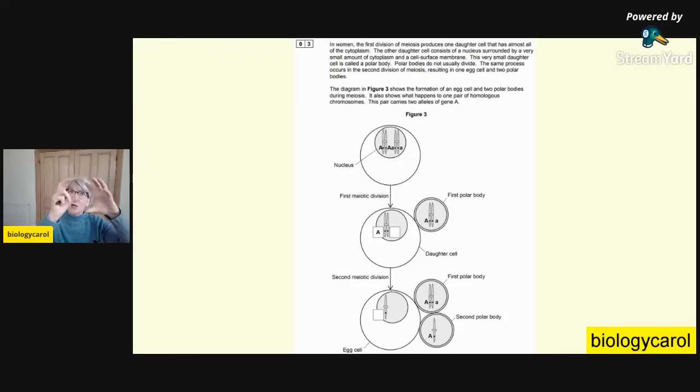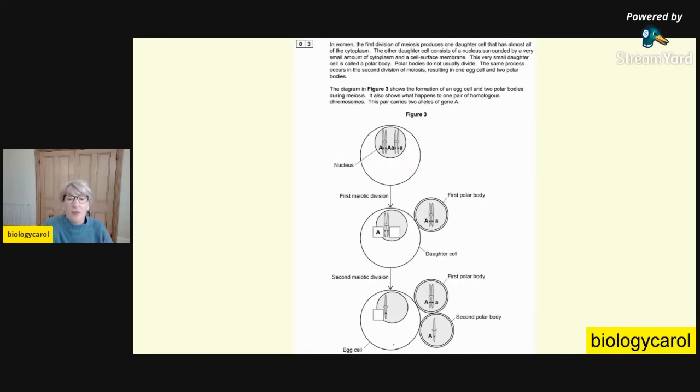But then, of course, it's only going to split into two cells, and therefore, finally, from meiosis to make eggs in women, you actually don't get 4 eggs, you only get 1.